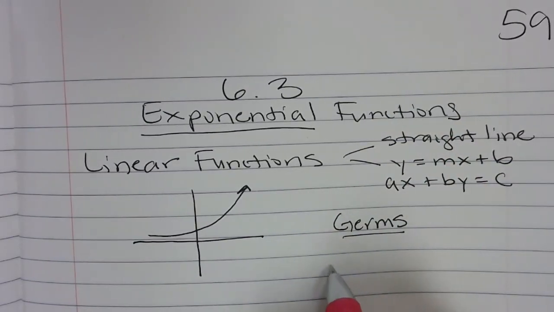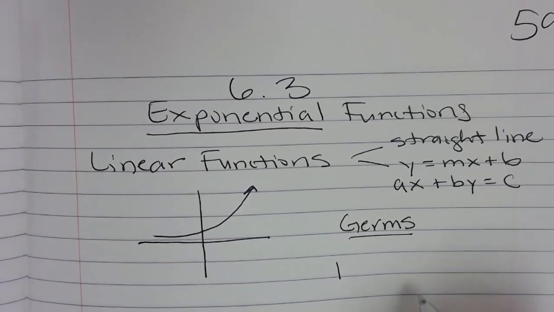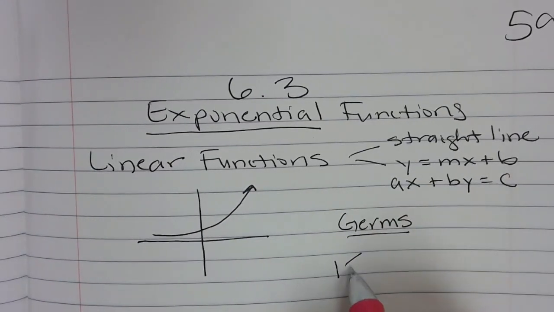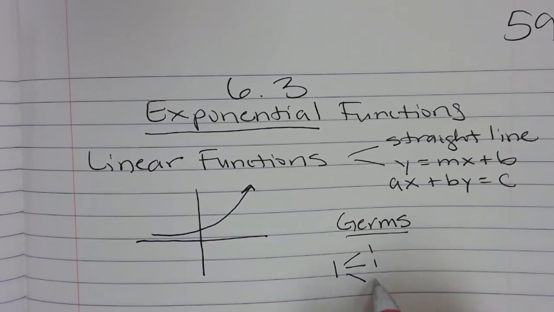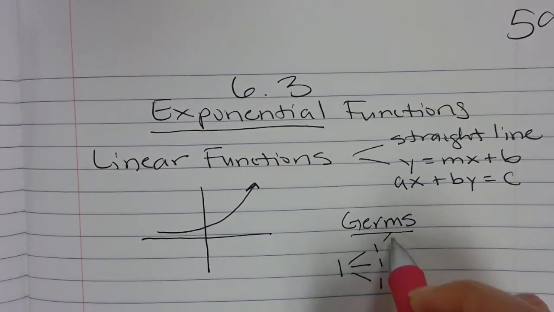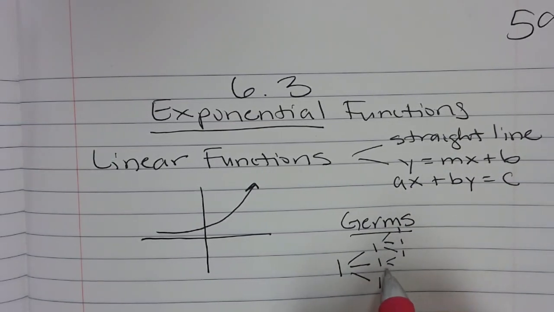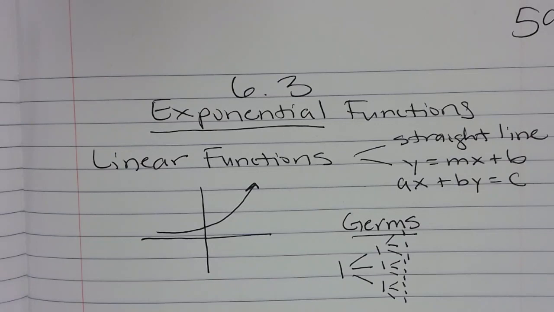Just listening to my story, you can see me visually. If Mrs. Stewart is sick and she shakes hands with 3 people and she gets those 3 people sick, and then these 3 people each shake hands with 3 other people, and then each of those people shake hands with 3 people.